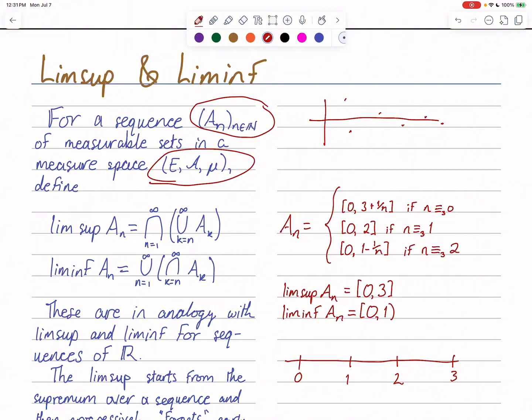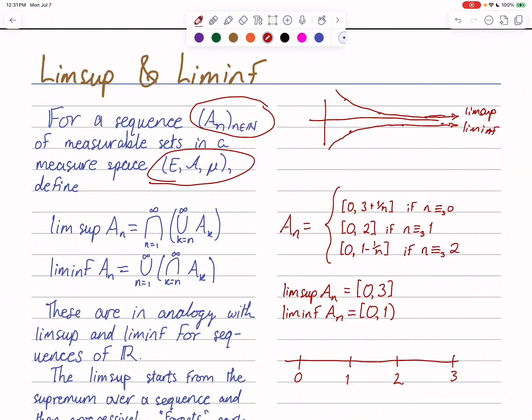What you often think of is that the Limsup is what you get when you take the top edge of the sequence, and whatever that converges to, that's your Limsup. And the Liminf is what you get if you take the bottom edge of your sequence. So that's your Liminf.